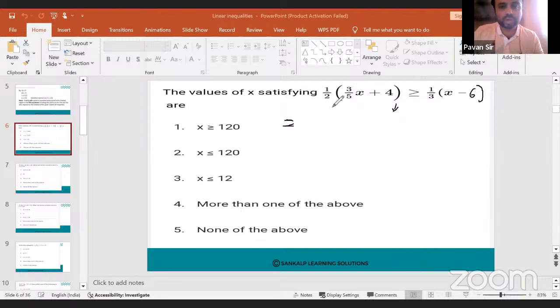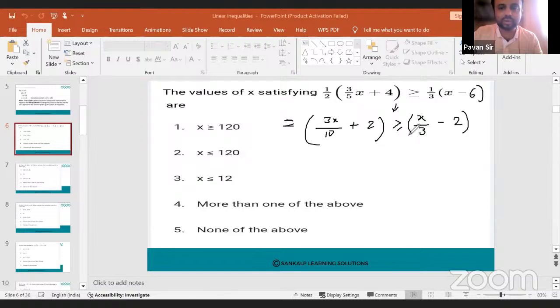So half into 3, that is 3 by 5x. 1 into 3 is 3x upon 5 into 2 is 10, plus half into 4. Half into 4 is what? 2 2s are 4, so only 2 is left. Is greater than or equal to x by 3 minus 3 ones are 3, 2 3s are 6, that is 2. Correct?